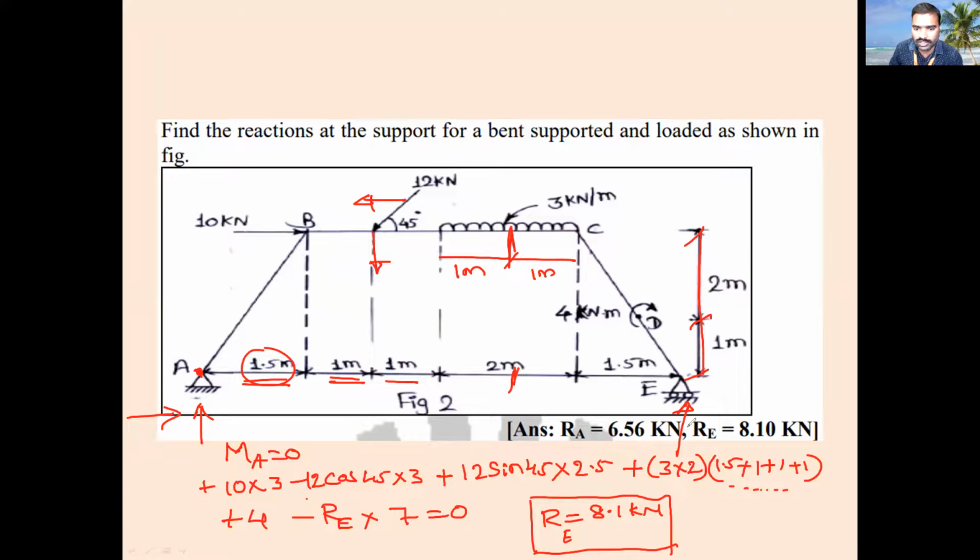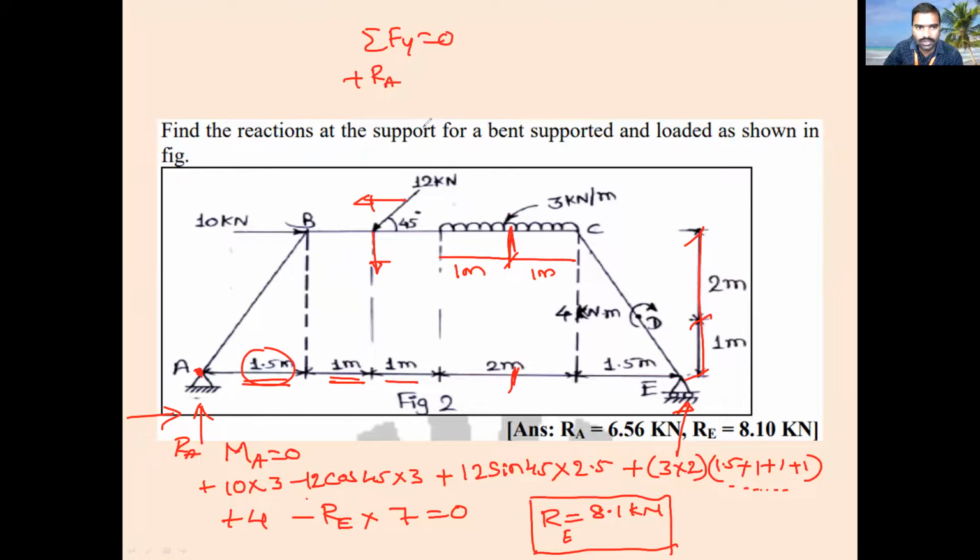Next, we have RE. Then I want to find RA. How to find RA? RA means VA, the vertical reaction. Sigma Fy is equal to 0. RA is moving upward, plus RA.